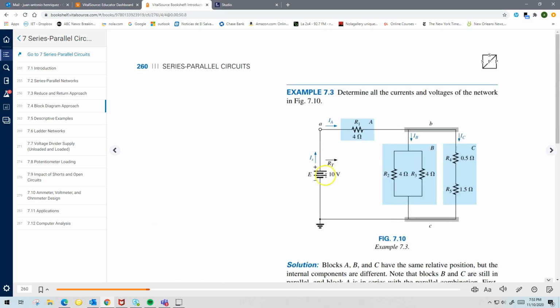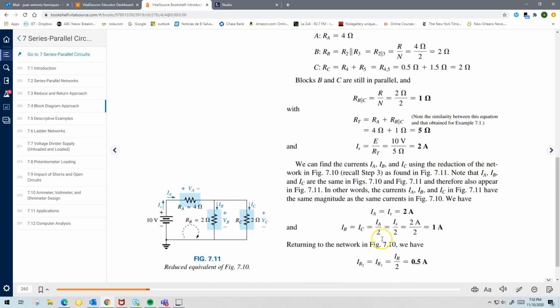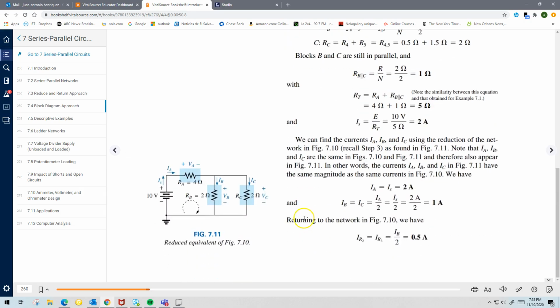You reduce the circuit from this to this by choosing certain blocks. And then the rest is the same, right? But you start finding what you need. In this case, you could start by finding the source current, right?